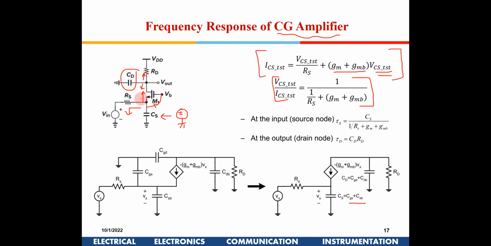It will be much greater than RD, so I can just say it is RD. So the second pole will be CD into RD. Okay, the first one will be multiplied by CS, CS into the resistance which was seen here. So now if you see here, these are the two poles which correspond to the CG amplifier.